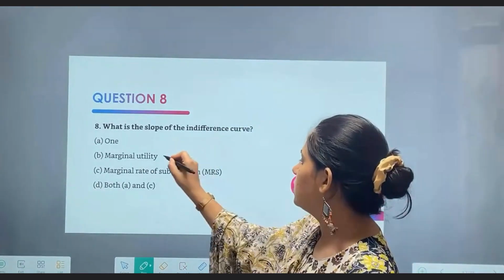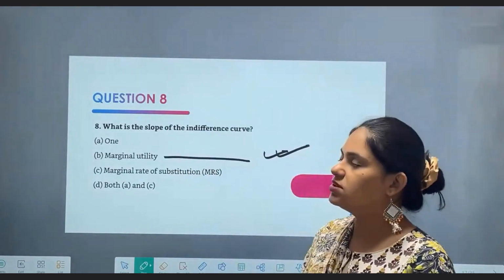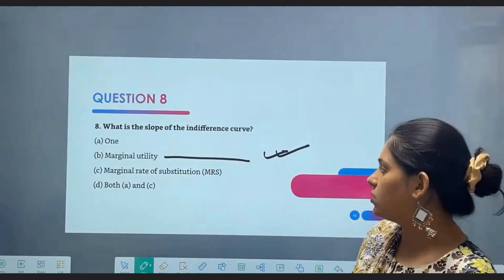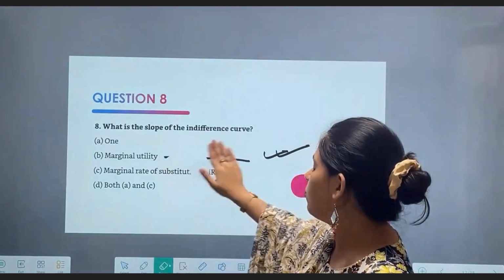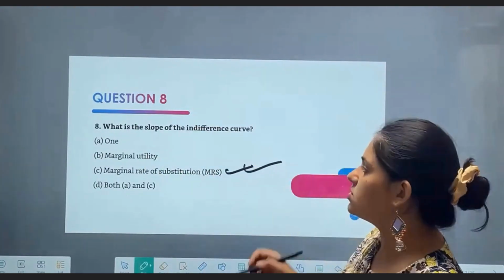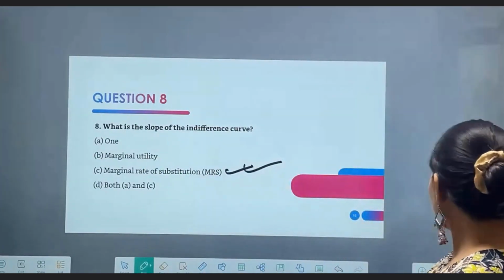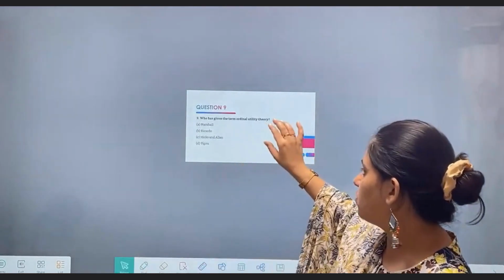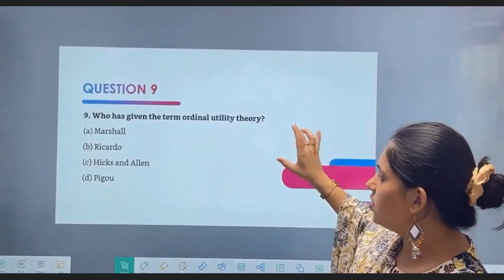B, correct. So everyone is correct. The slope of indifference curve is in fact MRS. So the slope of indifference curve is in fact C, which is MRS. That's correct. Okay, come to the next question.